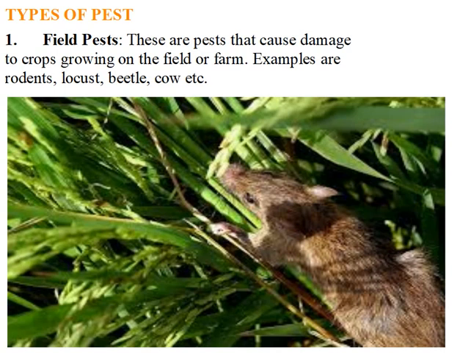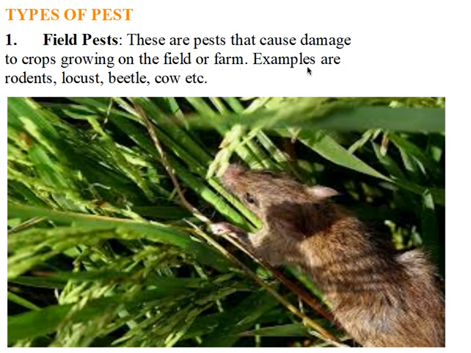With reference to the picture beneath, we can see a rodent attacking some portion of this plant. So when we talk about field pests, they are pests that cause damage to crops growing on the field or farm.